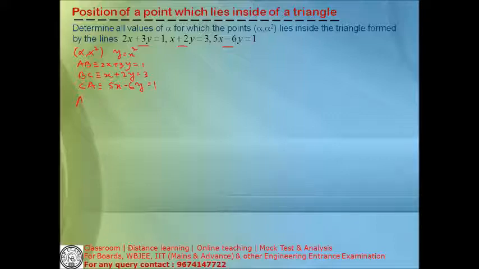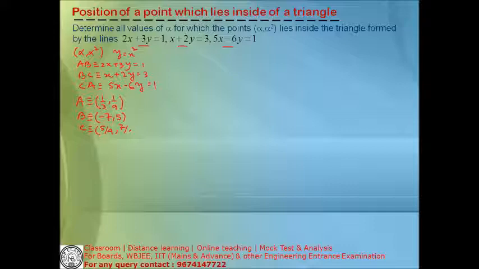I am not solving it because I have already done it. You can solve these equations taking in pairs simultaneously. So you will get the coordinates of A as 1 by 3 comma 1 by 9. The coordinates of B will be minus 7 comma 5, and the coordinates of C will be 5 by 4 and 7 by 8. Is this clear?